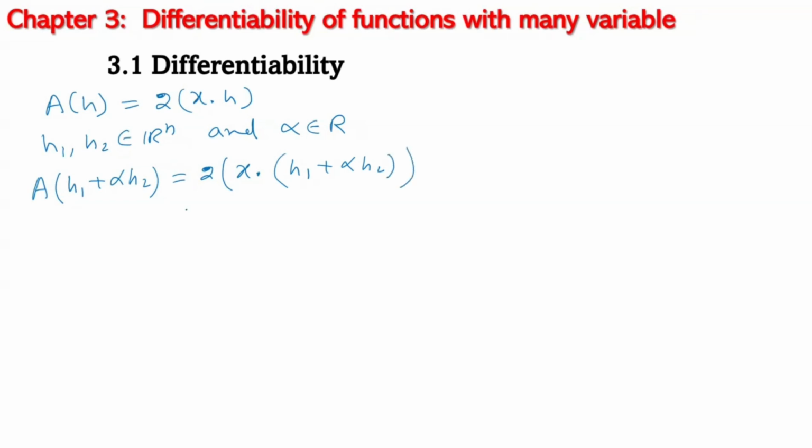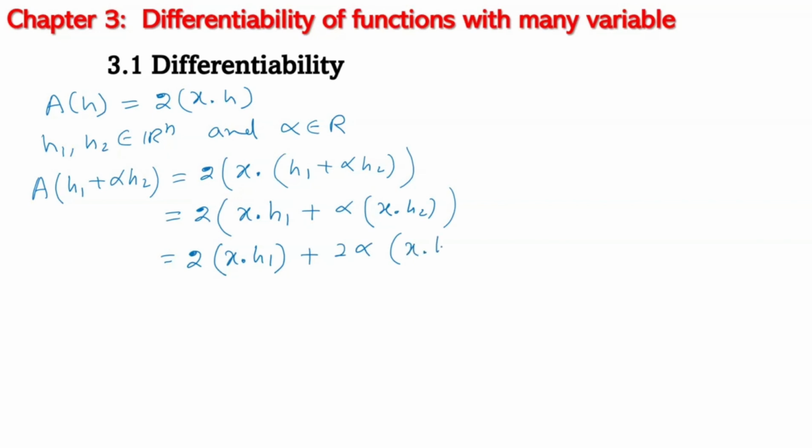Now again, by the distributive property of the dot product, we can write it as 2x dot h1 plus alpha 2x dot h2.